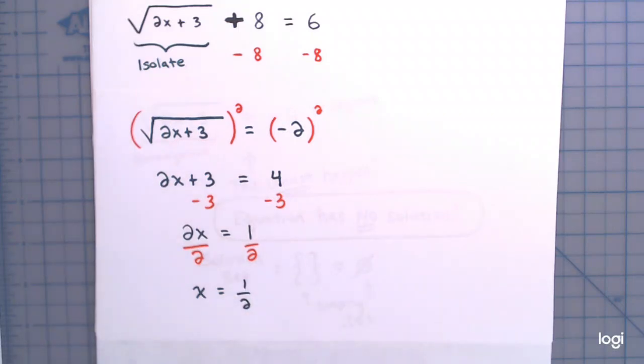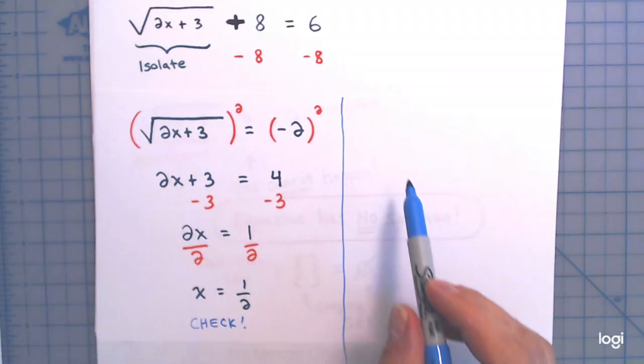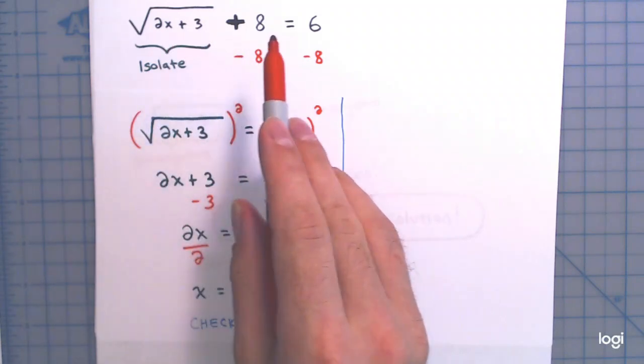And you might think, hey, earlier you said there was no solution, but here I'm seeing x equals 1/2. Well, you have to check it back in the original equation. Does it actually make the original equation a true statement? So let's do that off to the side here. I'm replacing x with 1/2 in our original equation.